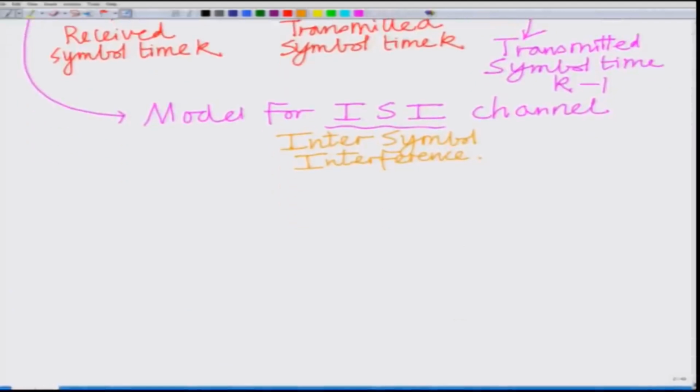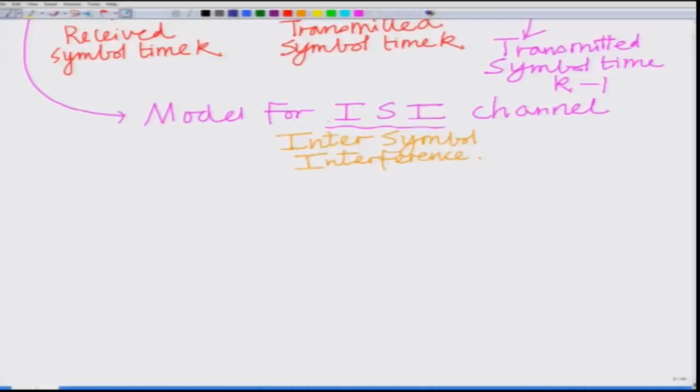Previously we have seen that equalization is a technology to overcome inter-symbol interference, and now what we are saying is that OFDM is another technology which can overcome this inter-symbol interference very efficiently. So, we are going to see that.